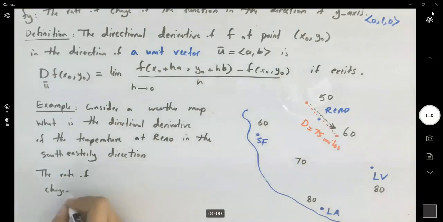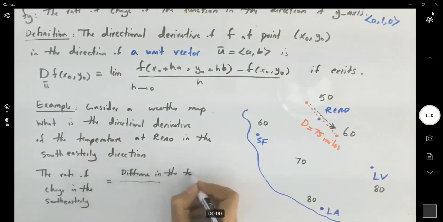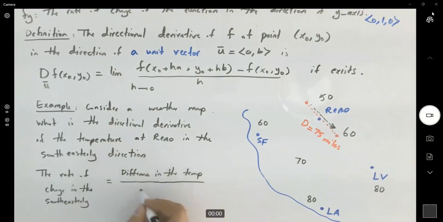So the rate of change in the southeasterly direction is approximately equal to the difference in the temperatures divided by the distance.